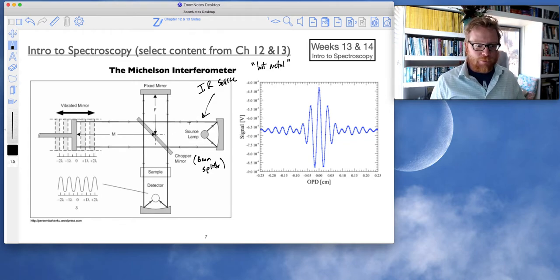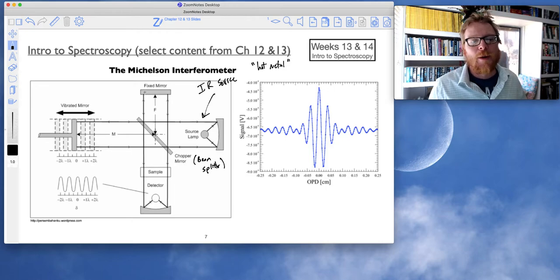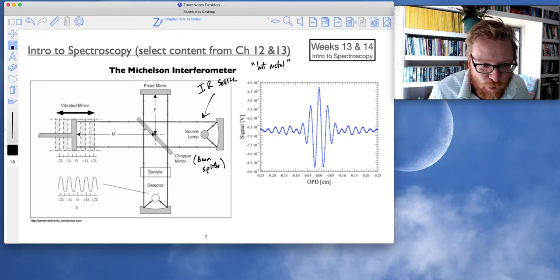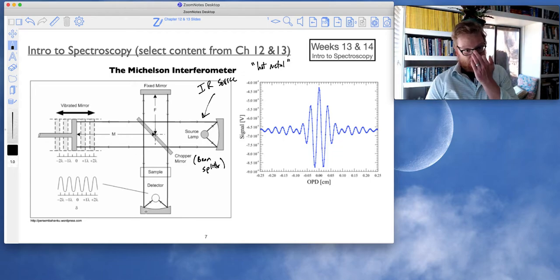For example, in this mirror, it allows the light to pass straight through, okay? Light is also reflected at this angle as well, hits this fixed mirror, bounces back and transmits all the way through the sample, okay?